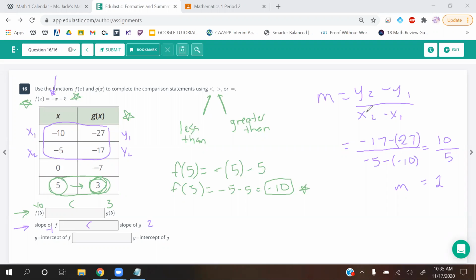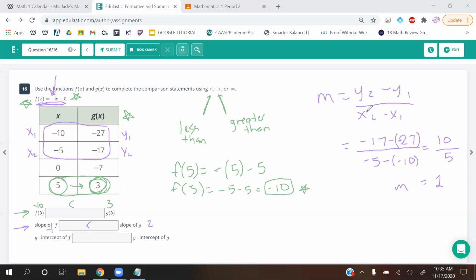Are there any questions on the purple example? How did I get the negative 1? Once again, over here is our equation, and the slope has to be the number in front of x. In front of x, all you see is a negative symbol, which means there's an invisible 1 there.